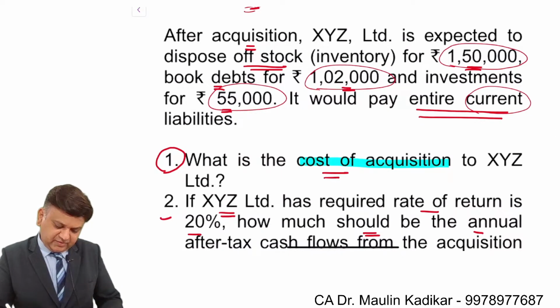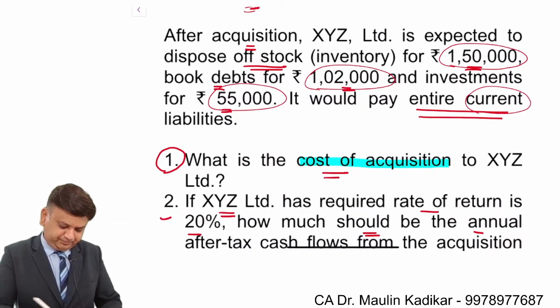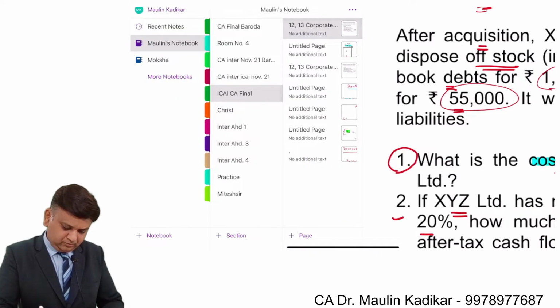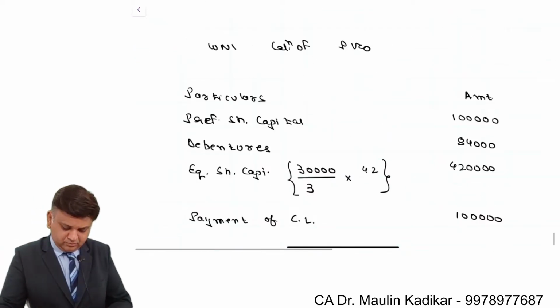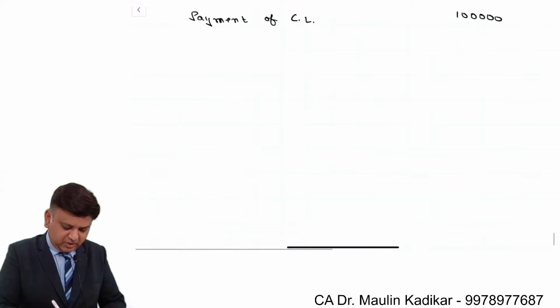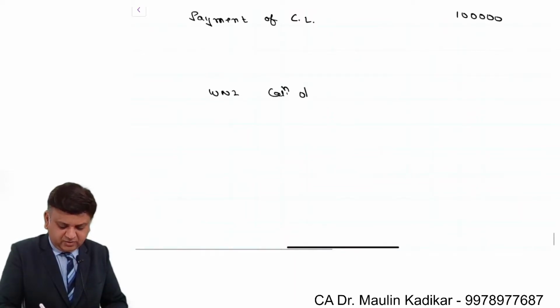Afterwards, we have been provided with the cash inflow information. So, working note number 2, calculation of immediate cash inflow.